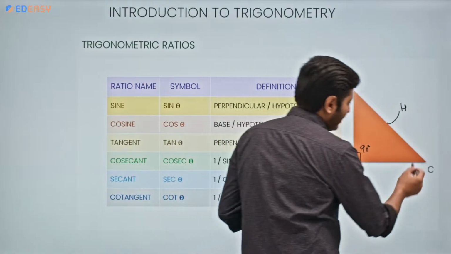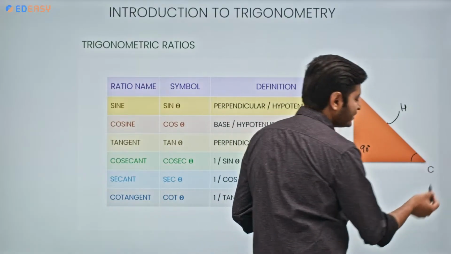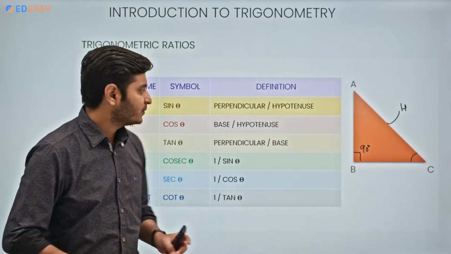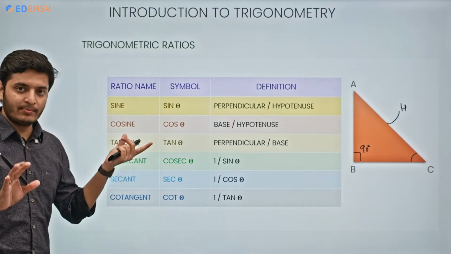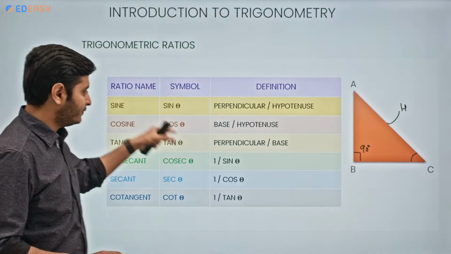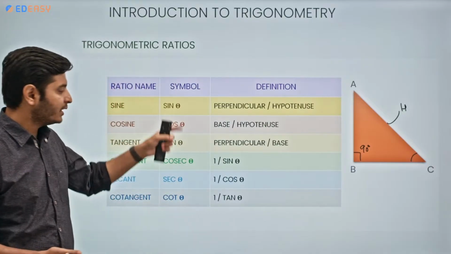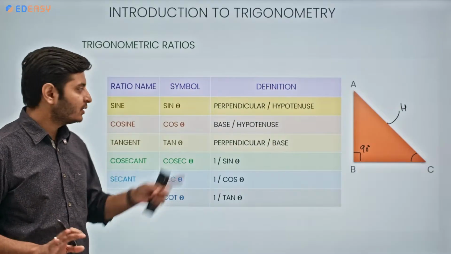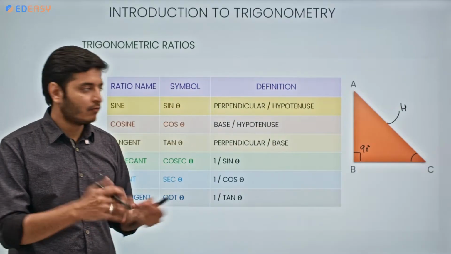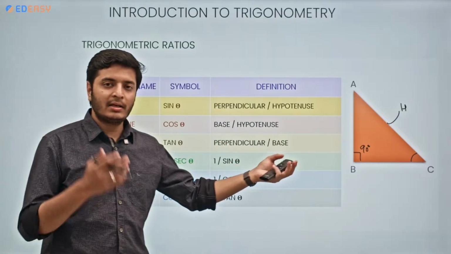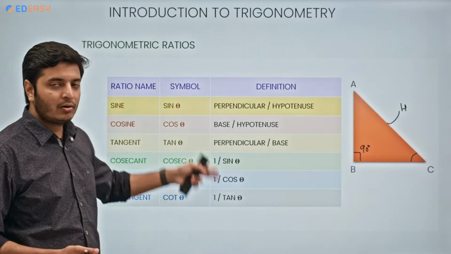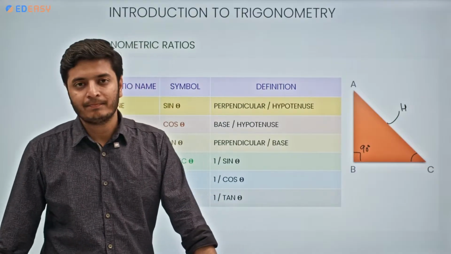Then suppose I'm referring to angle C as the angle, then the sine value, SINE is the proper word, but when we are writing, we can use SIN with theta or whatever angle. It can be A, C, not B, or it can be alpha, beta, gamma, anything.